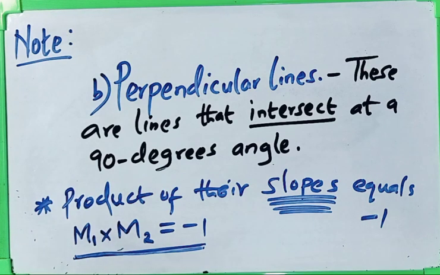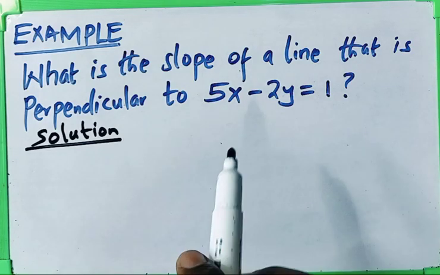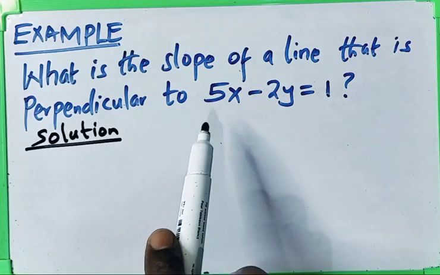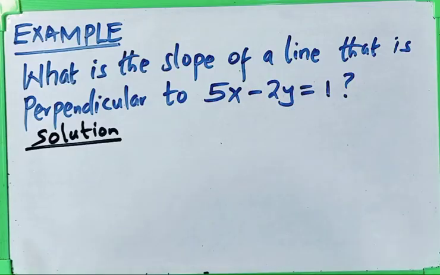After saying that, we go straight to an example. What is the slope of a line that is perpendicular to 5x minus 2y equals 1? We have two lines here. For one of the lines we are given the equation, but for the other line we are not given anything.